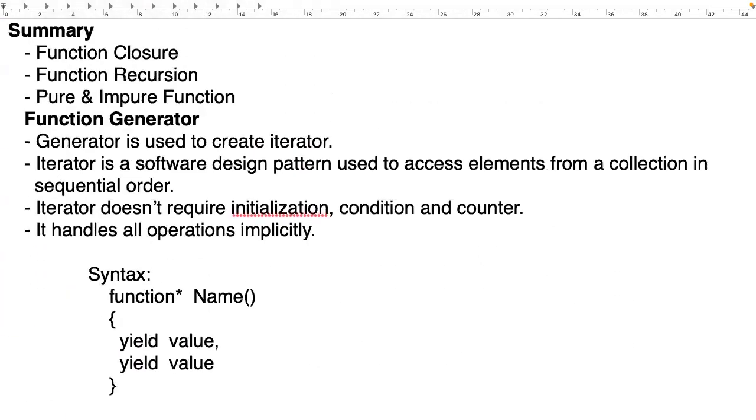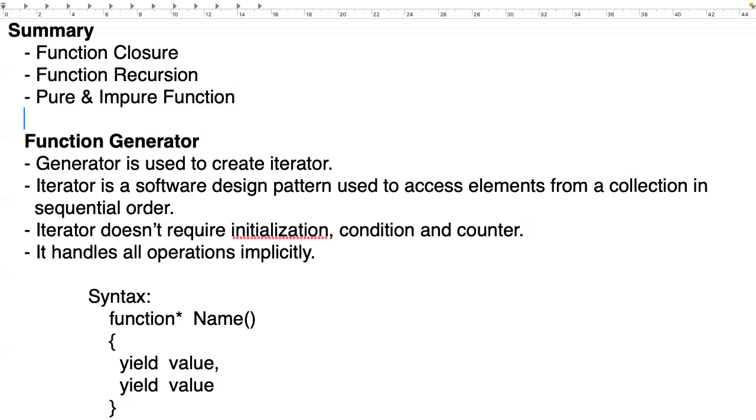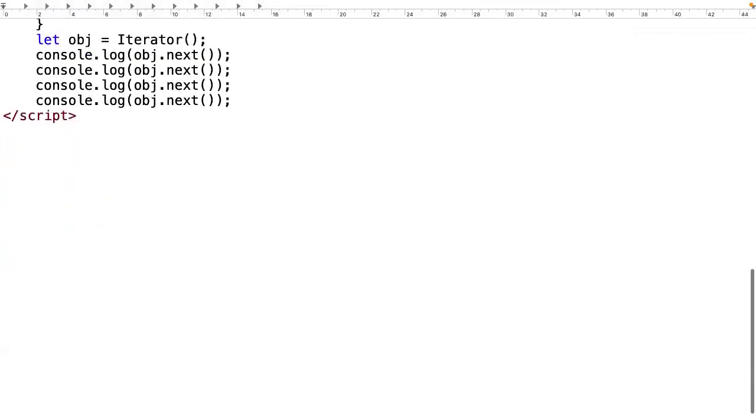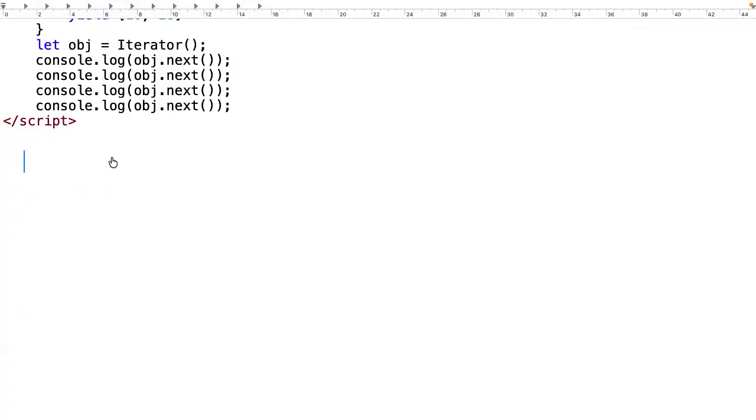I think I explained function chaining yesterday. Then the next important thing you should know about is function callbacks and promises. So what is a function callback and a function promise?